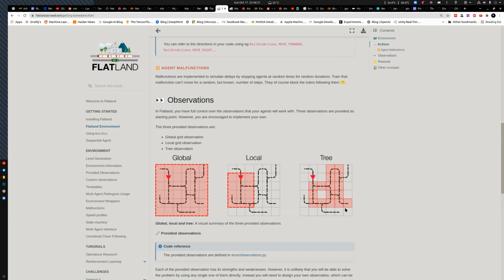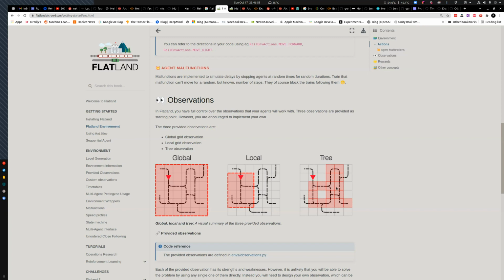So in every episode, we have a tree network in which we can see the future observations which are currently visible from the perspective of a particular agent.